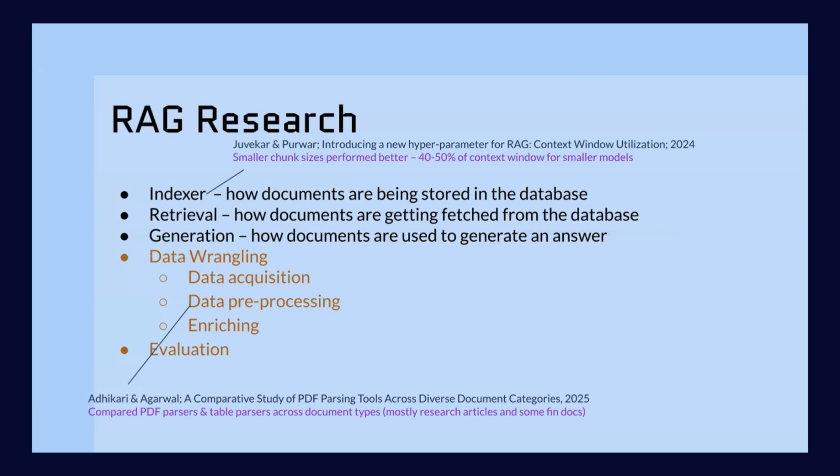For indexing, what is the best optimal chunk size? This paper found that smaller chunk sizes work better. And with large language models, what they found is that they only utilize around 40 to 50% of the context window. So something like Gemini has a million tokens. Remember what I said about tokens, right?